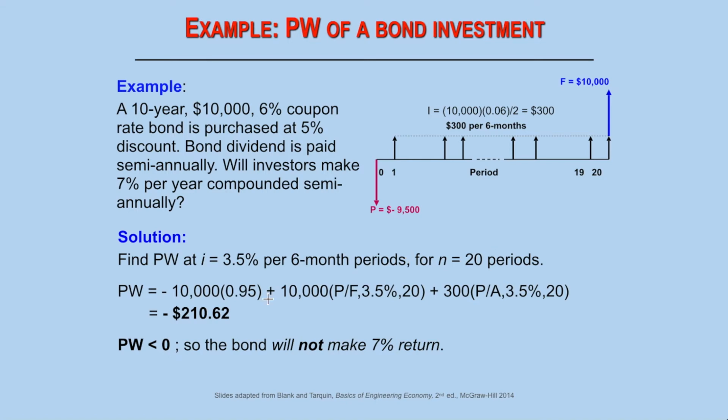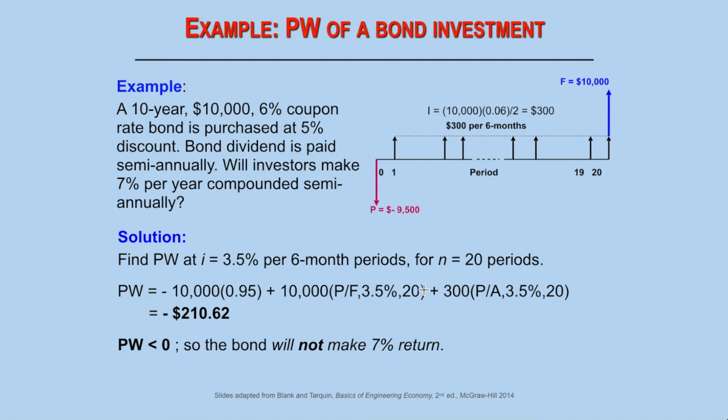In this calculation, you see that the first term is the present worth value of the first cost of $9,500. The next term is the future value of the face value of the bond, which is $10,000, converted to a present worth value over 20 periods at 3.5%.